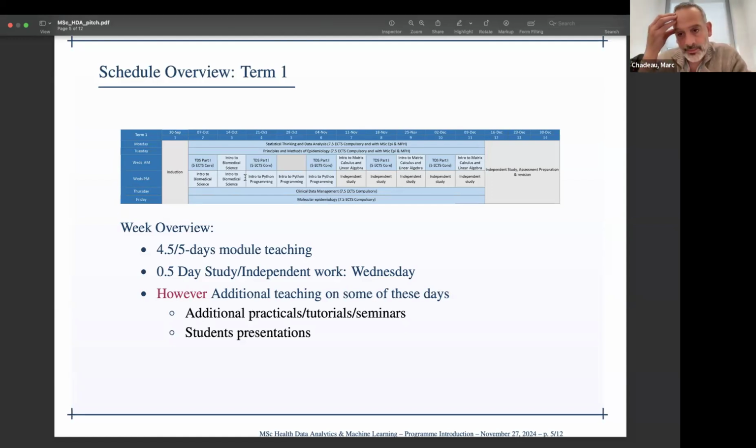So we can go back on this, or during these slots, we also invite senior members of staff or senior researchers in our collaborative network to present to you, so that you've got also exposure to the real world research in the field.